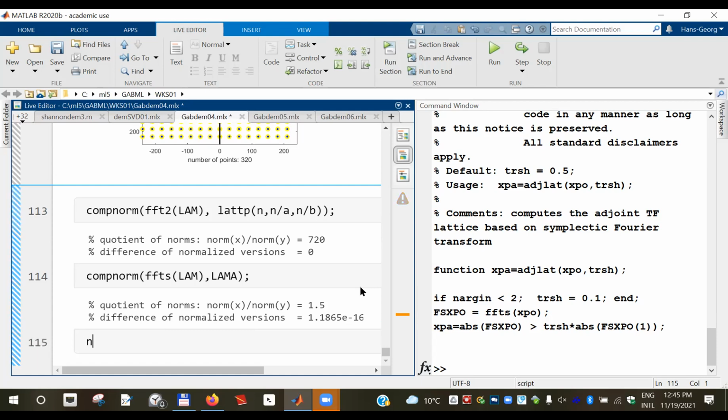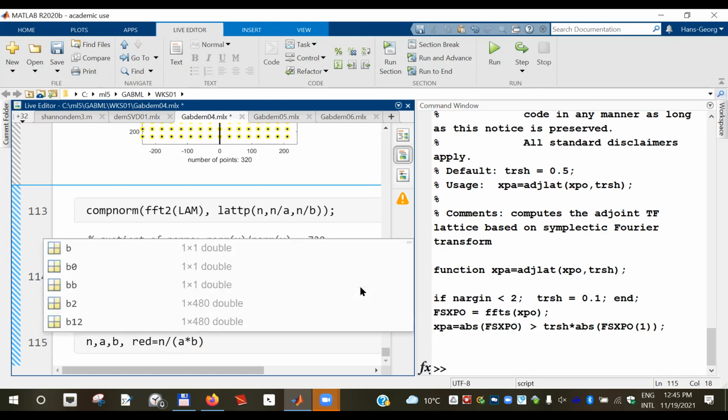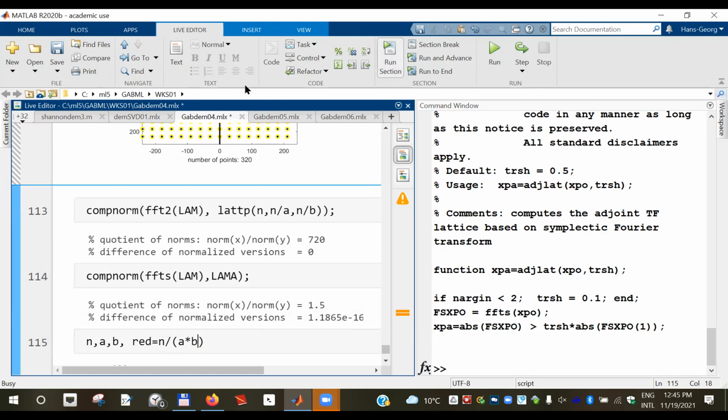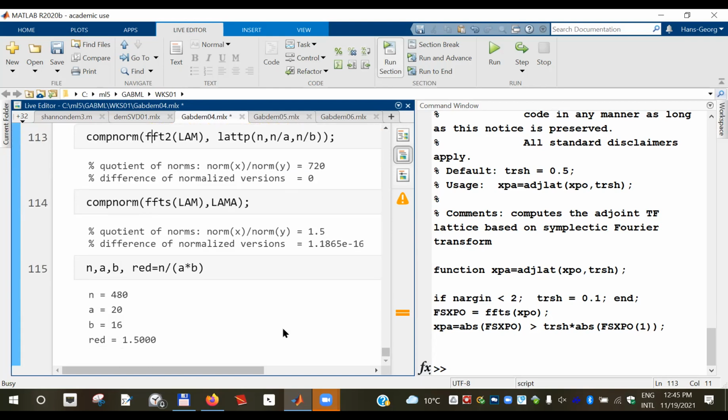So we have an A, B, and the redundancy, then we'll see what it is. Here it is. We have 720 lattice points for the 480 dimensional space, which means that our redundancy is 3/2.